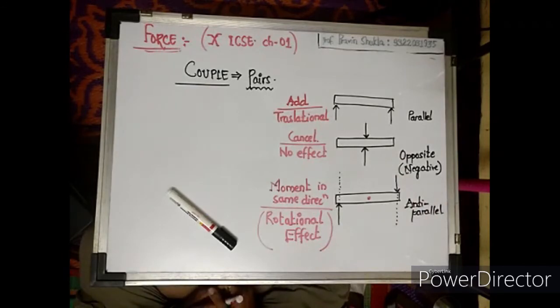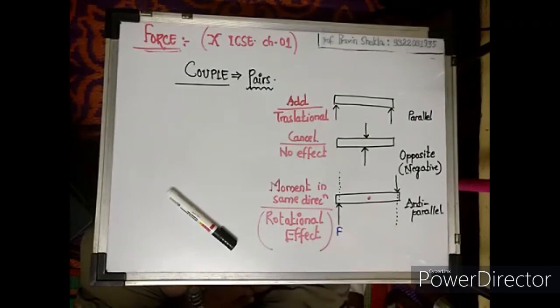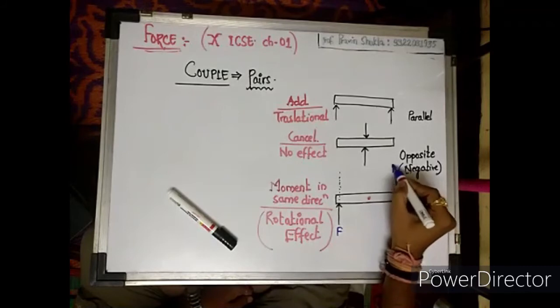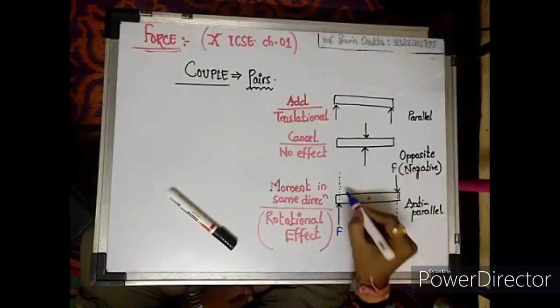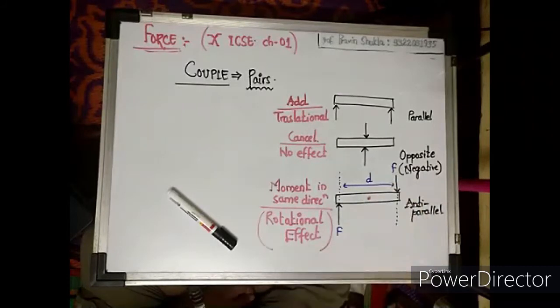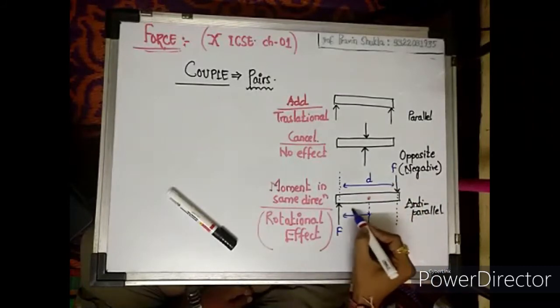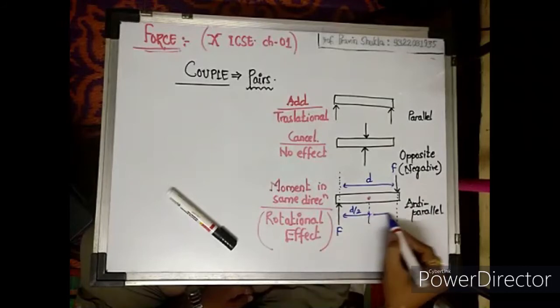I'll repeat. Suppose this force is F, and this force is also F. This entire distance is say D. So automatically this distance is going to be D by 2 and this distance will also be D by 2.